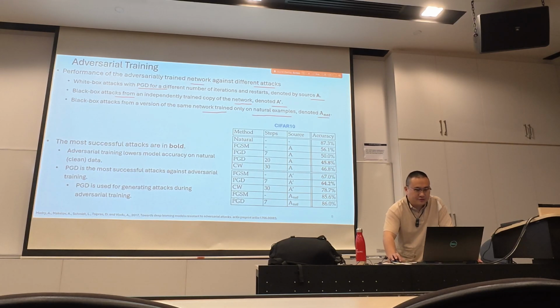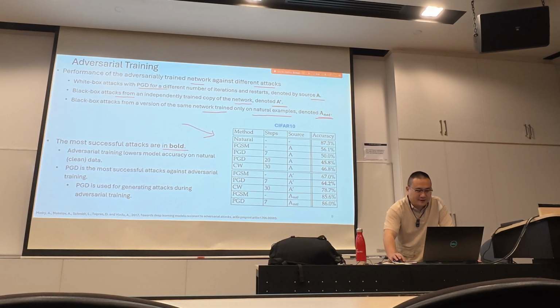So for A natural, it means that the source model is just a naturally trained model. But for A prime, the source model is a thoroughly trained model, and it's a different model trained locally by the attacker. Here we can see the results, and the most successful attacks are in bold here.